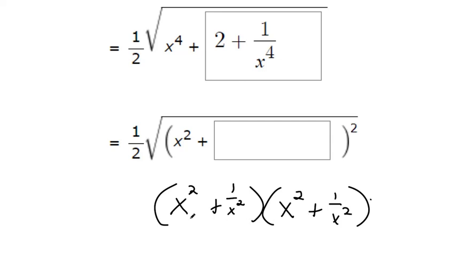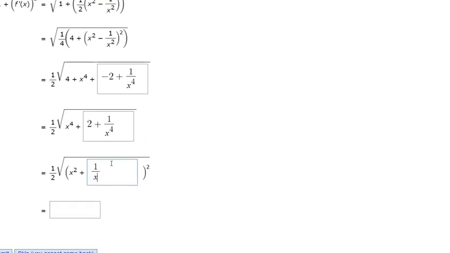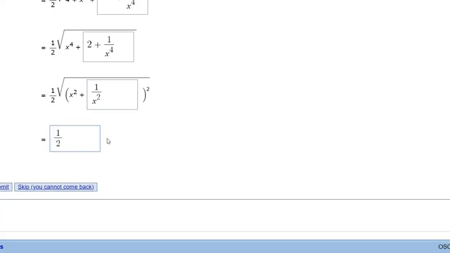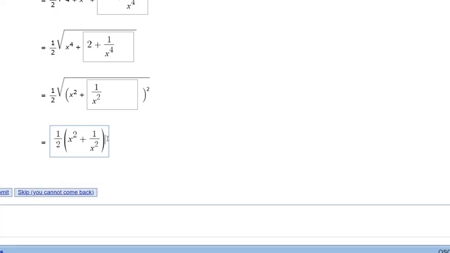If you multiply this out, you'll see it turns back into this expression. But what they're missing here is 1 over x squared. And if you evaluate the square root there, that's 1/2. The square root of something squared cancels out. Okay, I think that's what they're looking for.